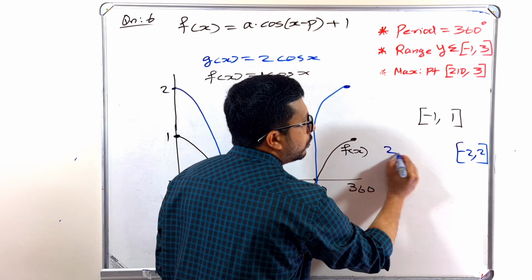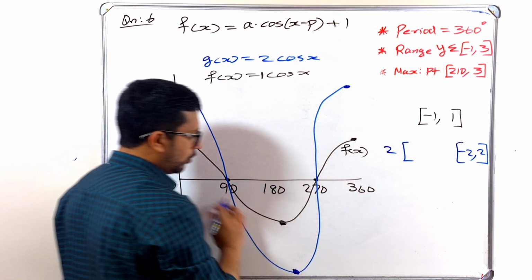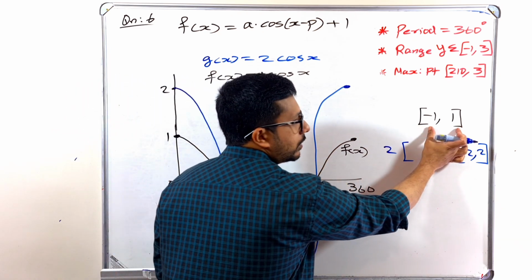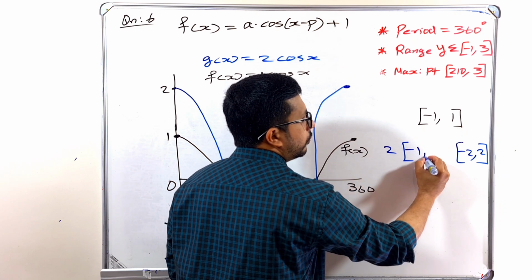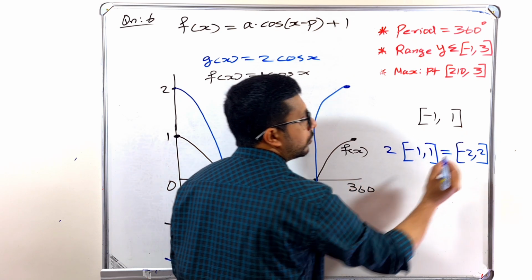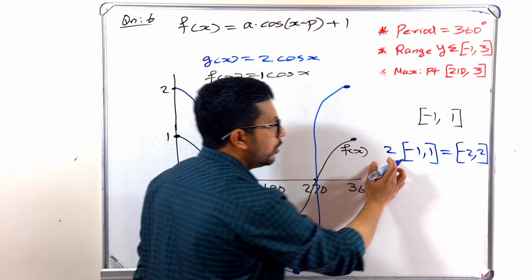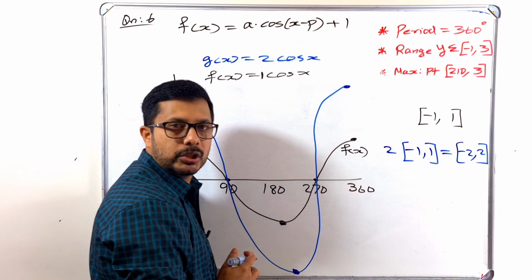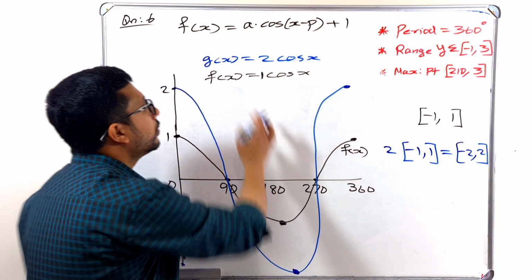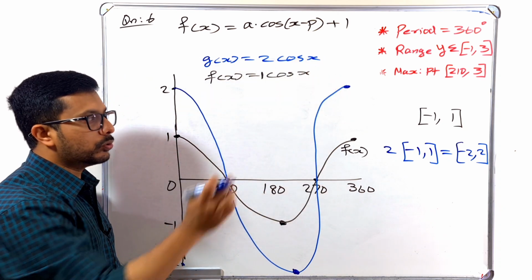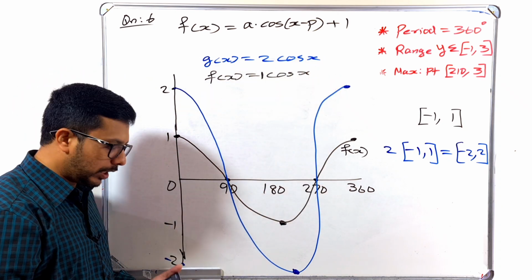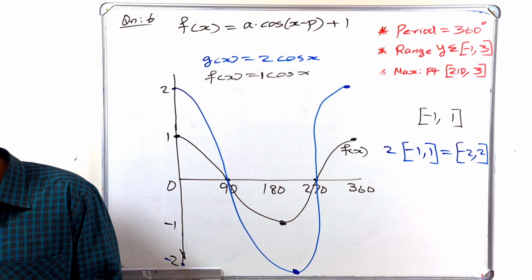So 2 times the normal cos x range of -1 to 1: 2 times -1 is -2, 2 times 1 is +2. So that is the range of 2 cos x, -2 to 2.